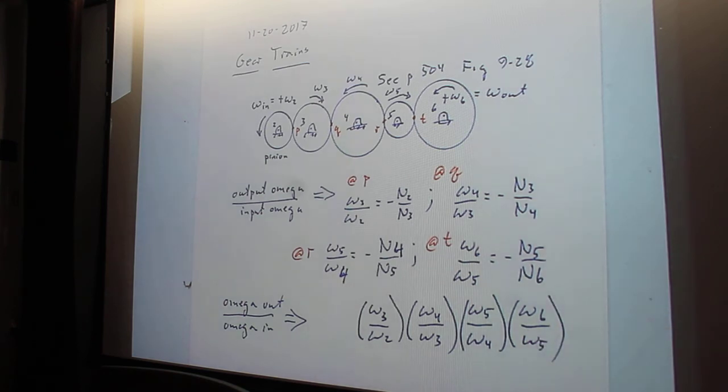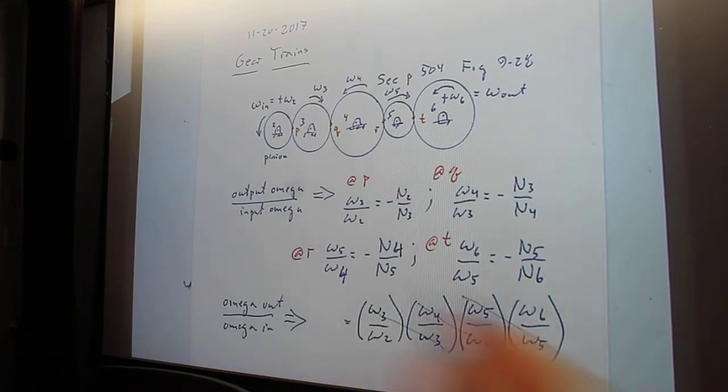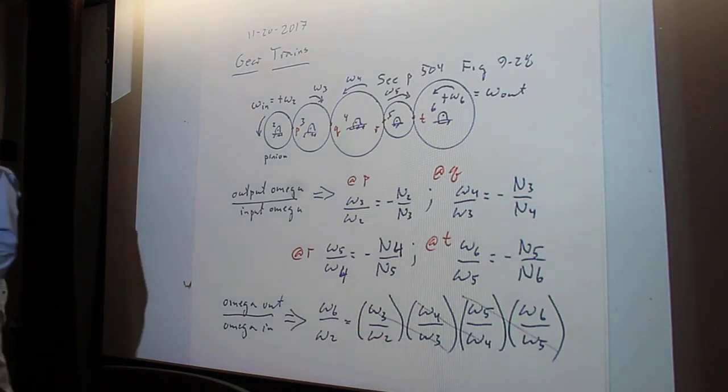And when I do that, watch what happens. These cancel out, these cancel out, these cancel out. And so I'm left with this equaling my omega 6 over my omega 2.